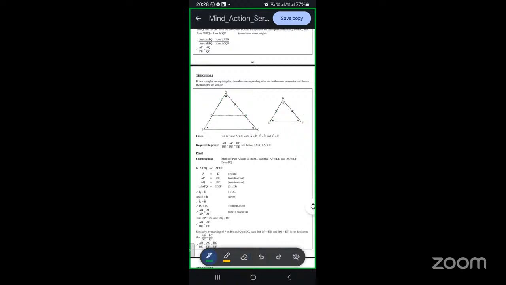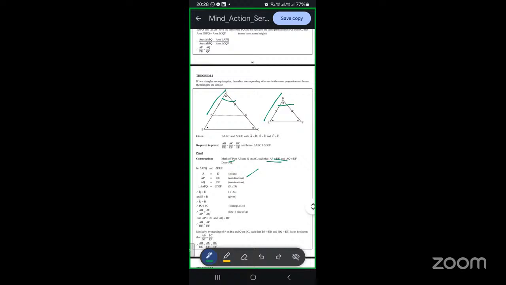You know that this angle is equal to that angle. Angle A is equal to angle D. We are given that. That's our reason. And then AP is equal to DE by construction. We said that we marked that letter P on the line AB such that AP is equal to DE.